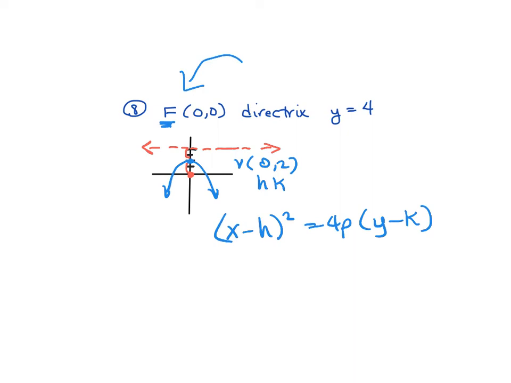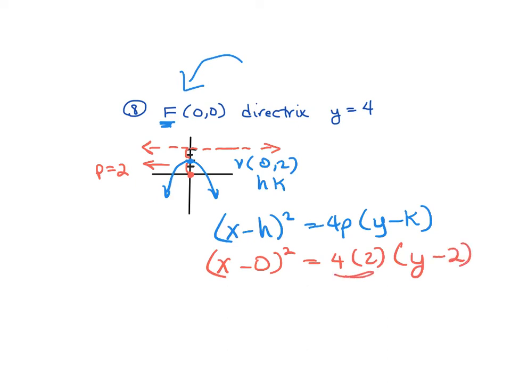So we already saw that to find that vertex, we had to put it in the middle, so p was 2, because it's 2 spaces away from each. So x, my h is 0, my p-value is 2, and my k is 2. I need to multiply. Now over here, x minus 0 is just x, so I'm going to change this to an x squared.